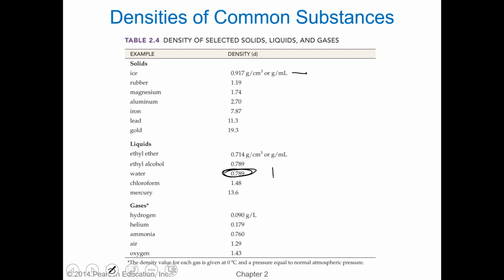It should be 1.00 for water, grams per mil. And then finally, water vapor is not on here. I don't see it. I'll get that for you, but you're going to have it for steam or water vapor.